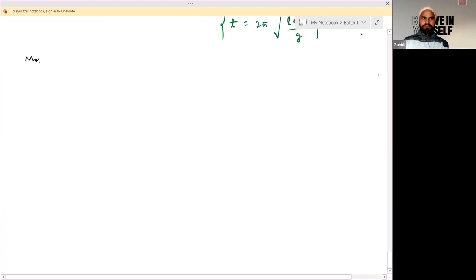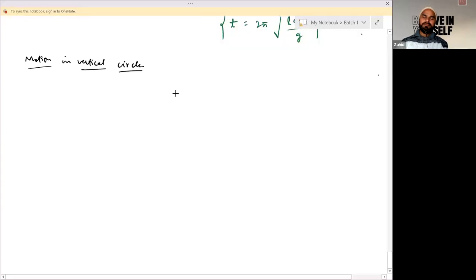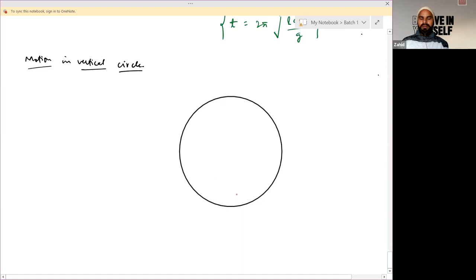Next is motion in vertical circle. Suppose you have a body which is going along this circular path.